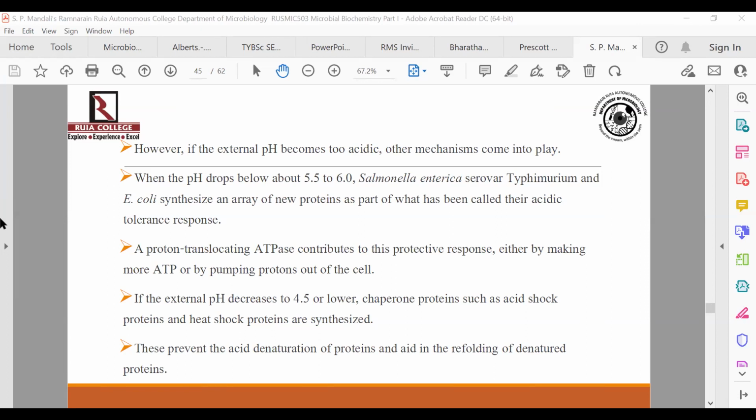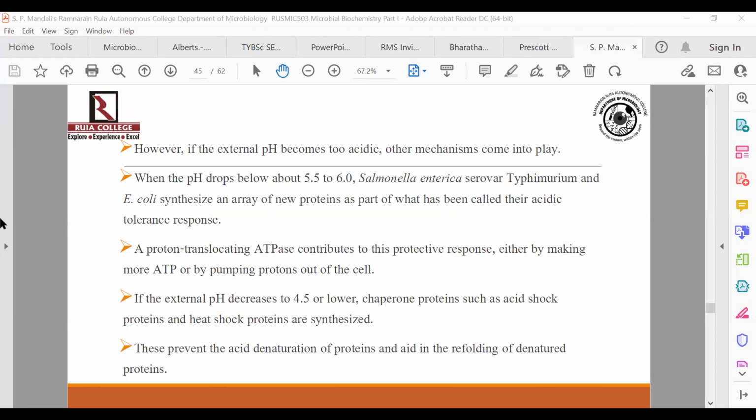If the external pH decreases to 4.5 or lower, then you will also have chaperone proteins. As I've told you earlier, the word chaperone itself stands for guide. These are proteins which act as acid shock proteins or heat shock proteins, wherein they will not allow the enzymes and other important proteins of the cell to get denatured.